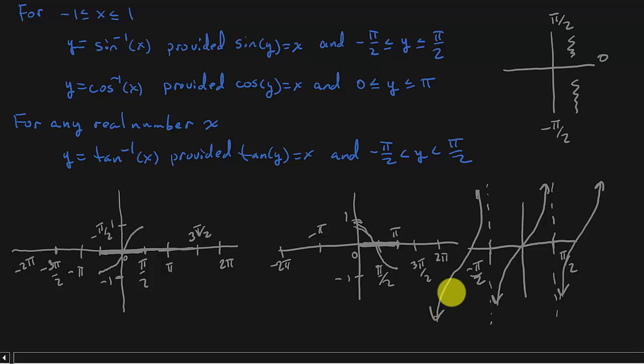But what we've done, and I'm not going to label the x-axis to the right and the left of negative pi over 2 and pi over 2, is basically erase this part of the graph and focus on just this part from negative pi over 2 to pi over 2, and that's where this comes from.